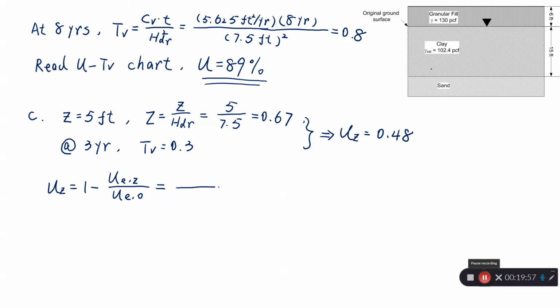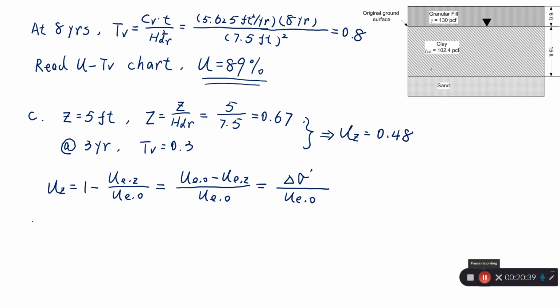Let's rewrite it as UE nut minus UEZ over UE nut, right? The numerator is the loss of excess pore water pressure. So that loss will be added to effective stress. So the loss of excess pore water pressure equals the increase in effective stress.